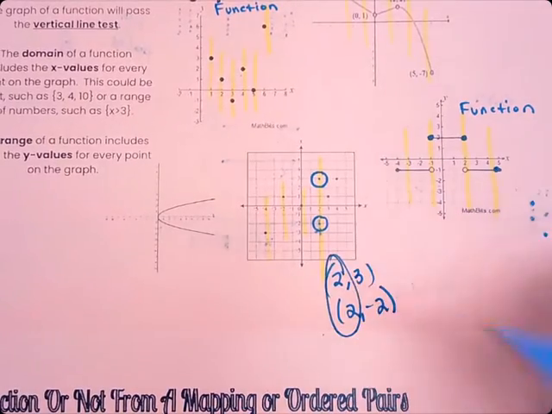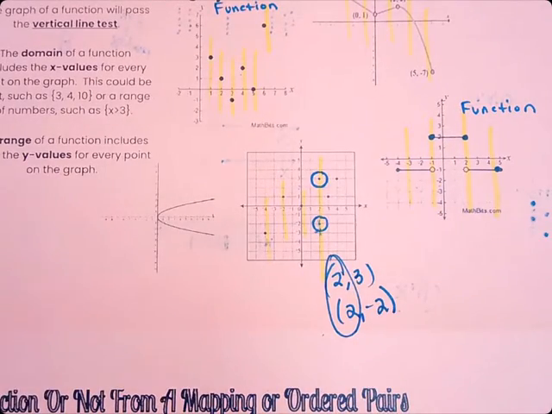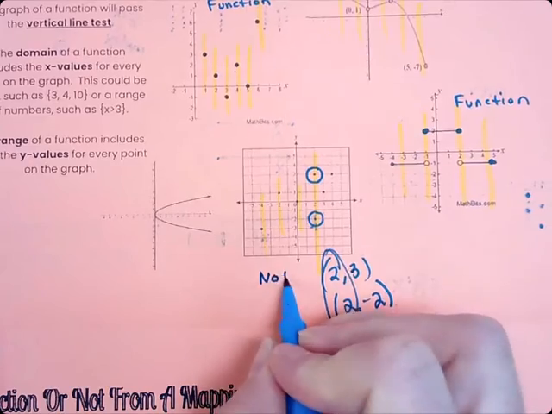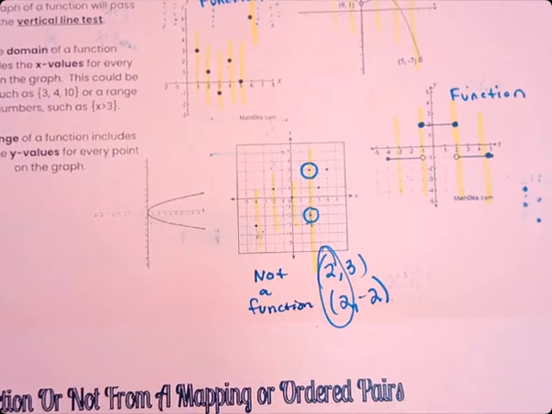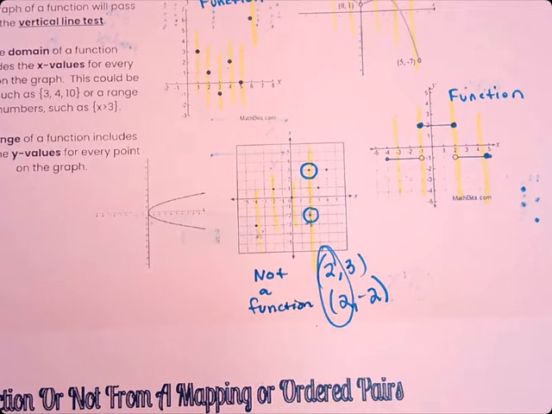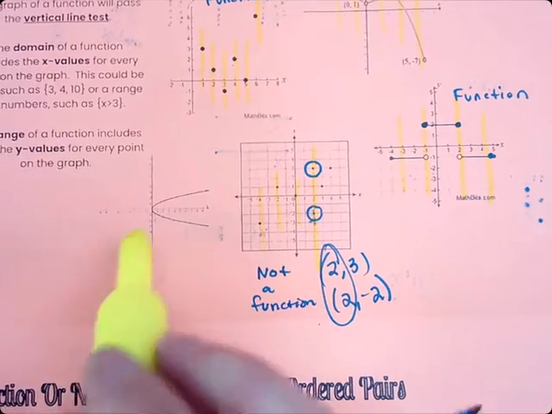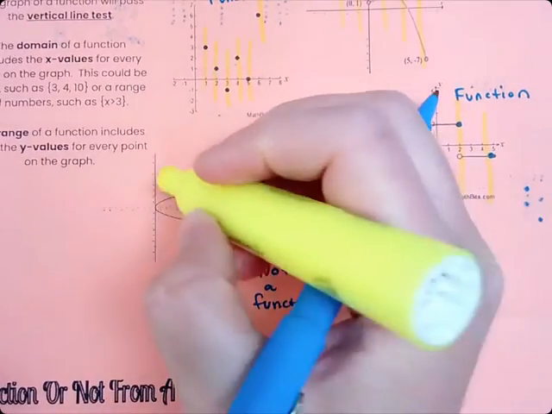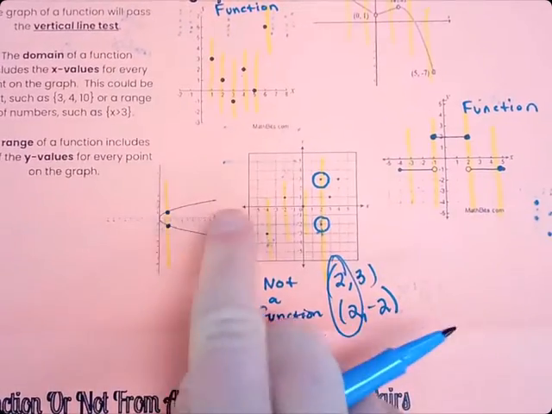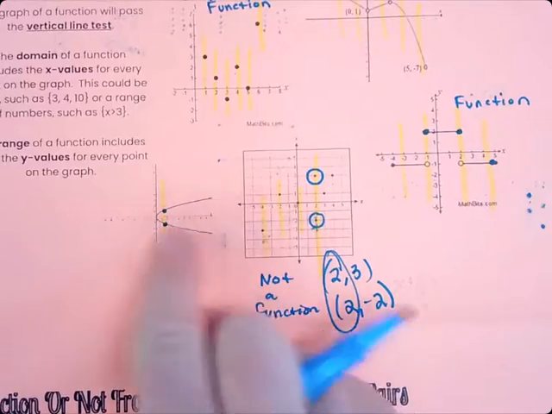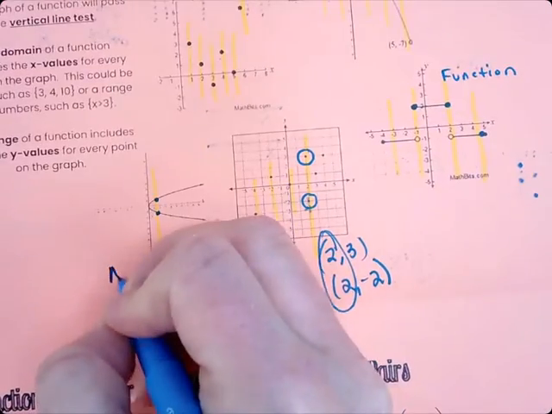So where x is 2, this is not a function. Okay, and then this next one. Yep, not a function. The vertical line is going to hit the relation twice. So this is not a function.